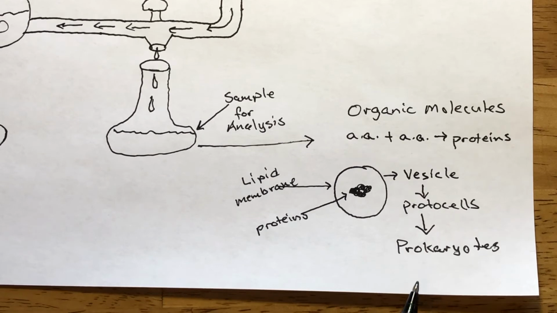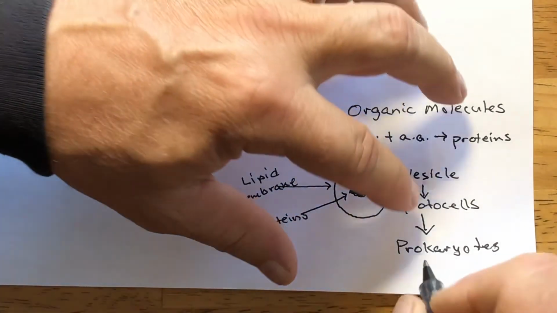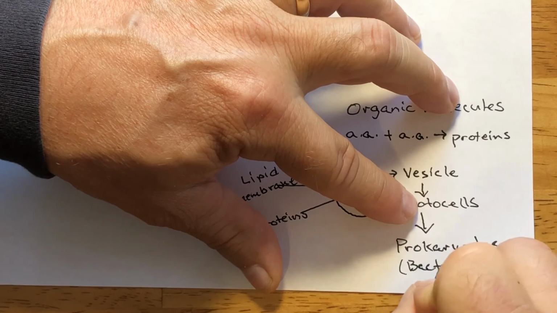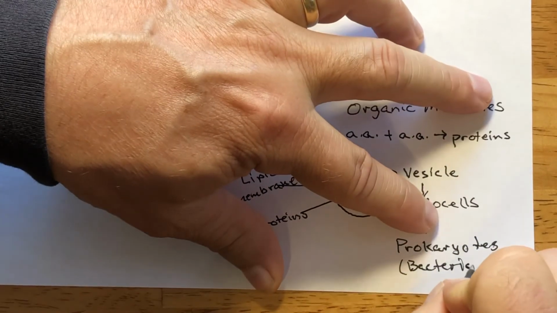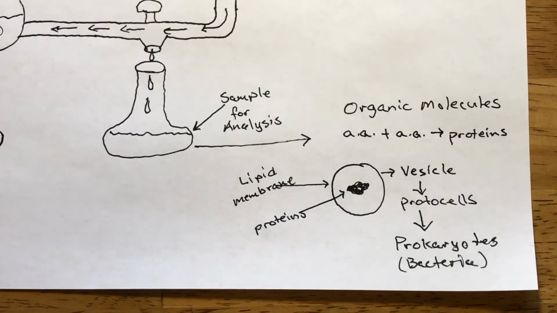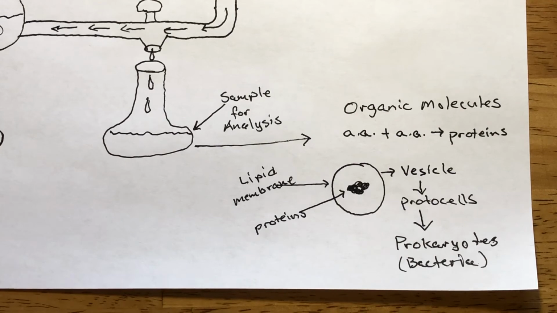So these are organisms that don't have a true membrane-bound nucleus. And one of the terms that you want to associate with prokaryotes is bacteria. So we think the first living cells to originate show up in the fossil records at about 3.5 billion years.